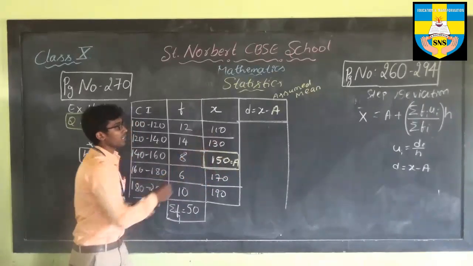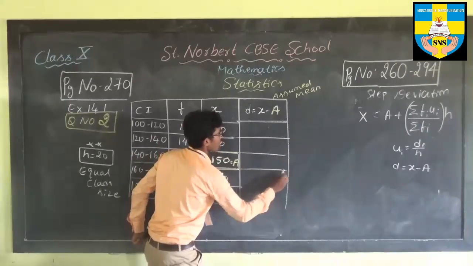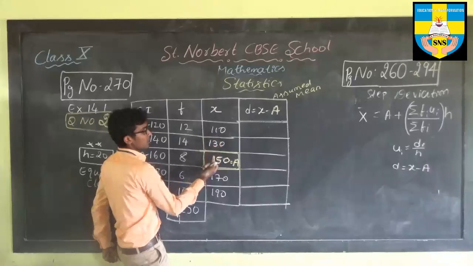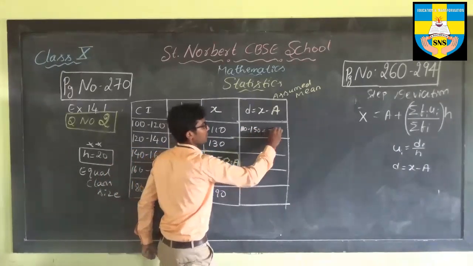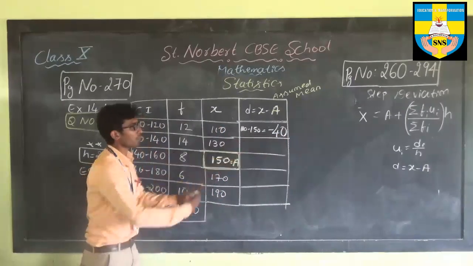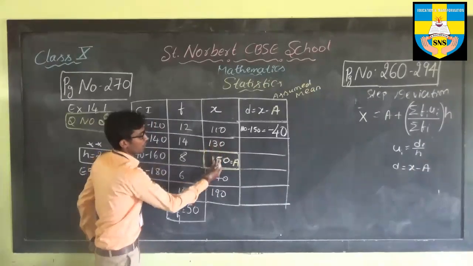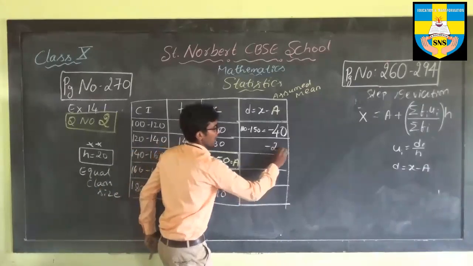If a is 150, how are you going to solve this problem? The formula says d is equal to x minus a. 110 minus 150 is nothing but minus 40. No need to write this calculation, but for your practice I am writing. If it is possible to do it quickly, you can: 110 minus 150 is minus 40, 130 minus 150 is minus 20.